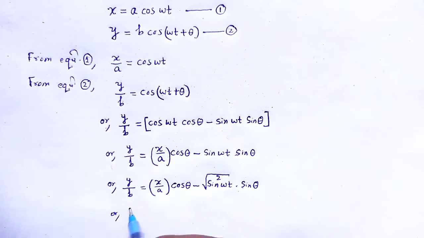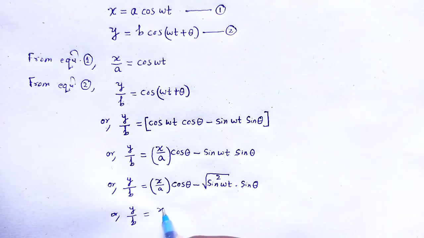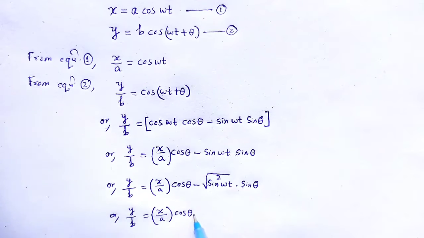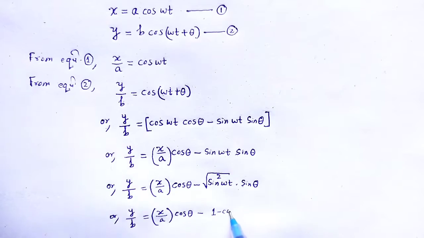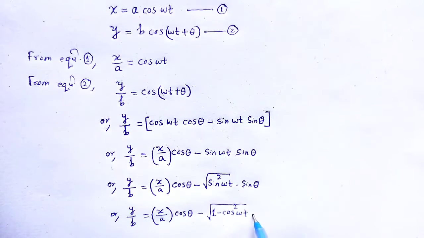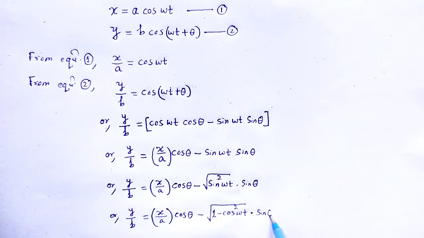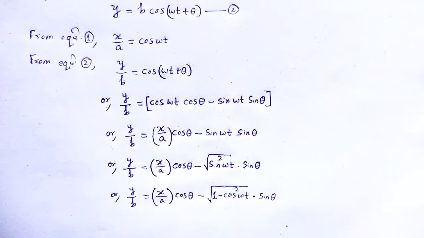Or y by b is equal to x by a cos theta minus the square root of sin square omega t, as 1 minus cos square omega t, sin theta.